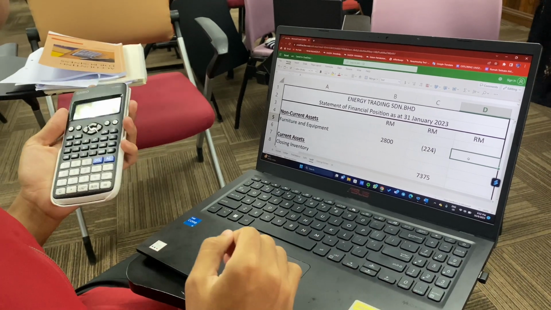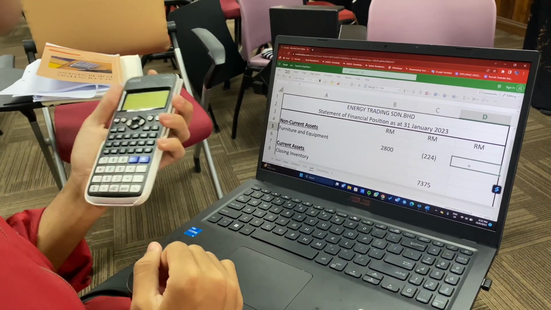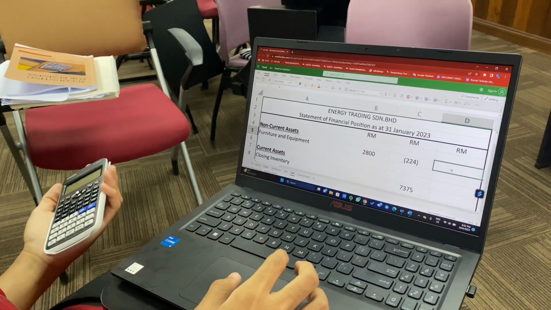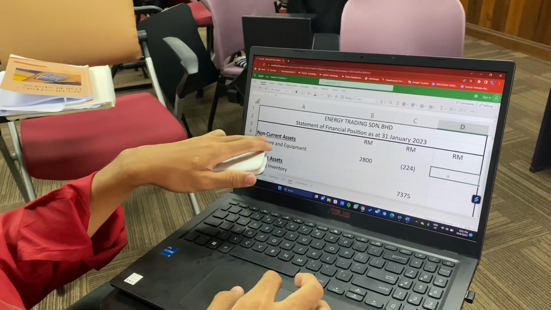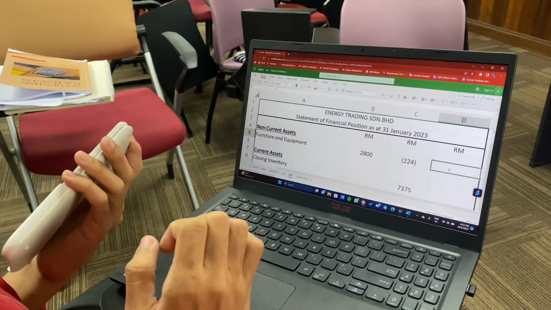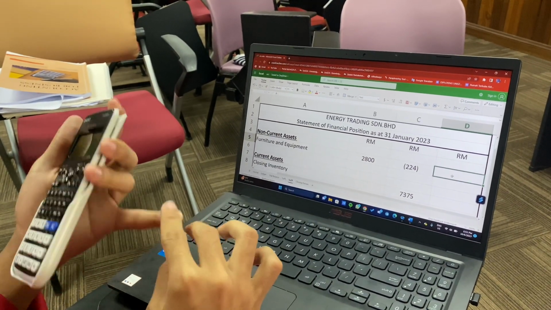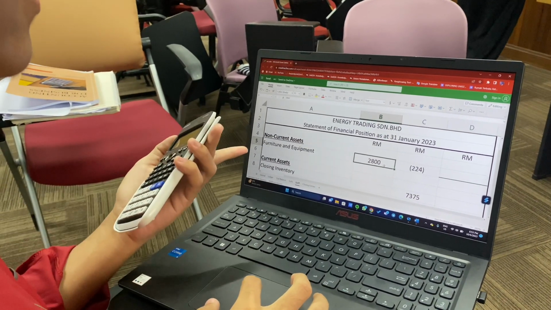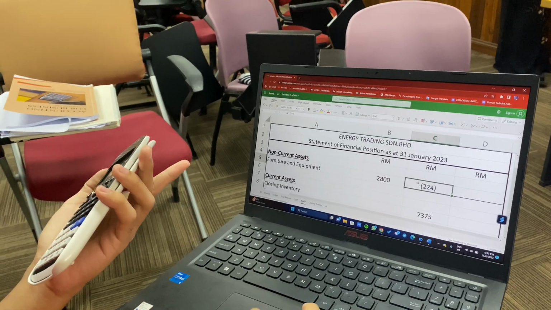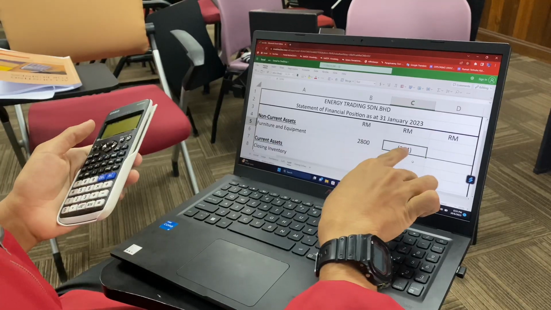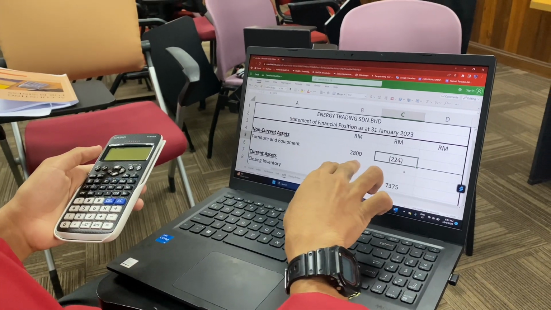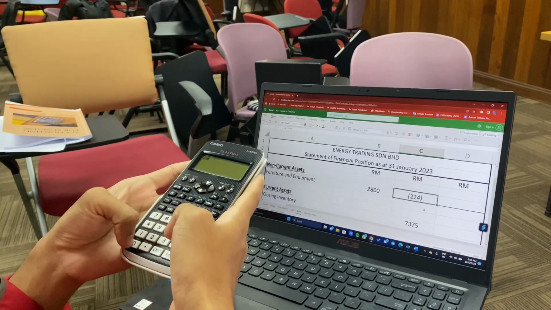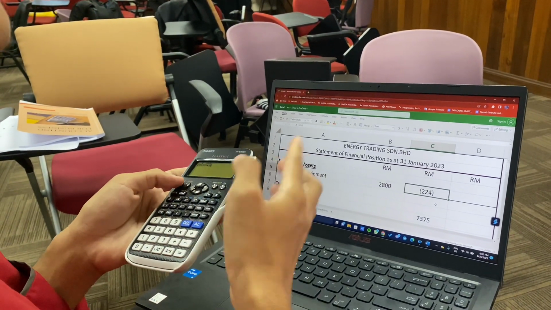Okay, after we are done with the statement of profit or loss, we go to the statement of financial position as at 31 January 2023. First we need to total up non-current asset. As we know, our non-current asset is just one, which is furniture and equipment. So I will put the total asset, then minus accumulated depreciation. How did I get accumulated depreciation? I take 2,800 and multiply with 8% in adjustment.